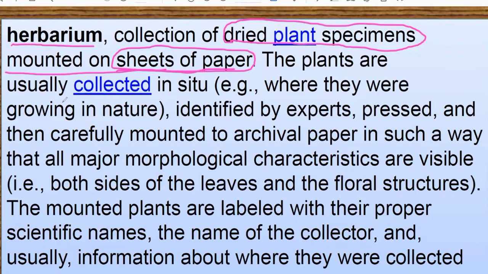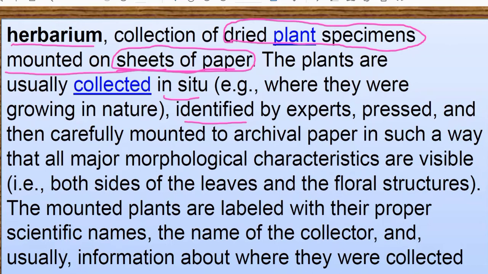The plants are usually collected in situ, which means where they are growing, identified by experts, pressed and then carefully mounted on archival paper in such a way that all major morphological characteristics are visible in both sides of the leaves and the floral structures. The mounted plants are labeled with their proper details.